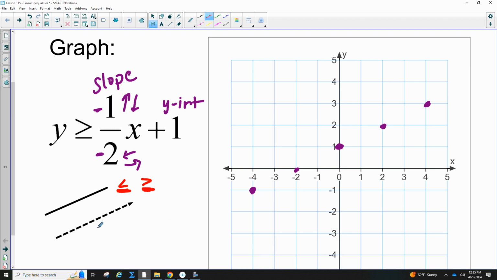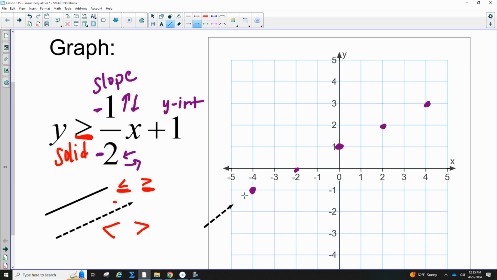If you have a less than or a greater than sign with no line underneath, then you do a dashed line. This means I'm not including the line. Solid means I could be equal to the line. So this one has the line underneath, so we are going to do a solid line.